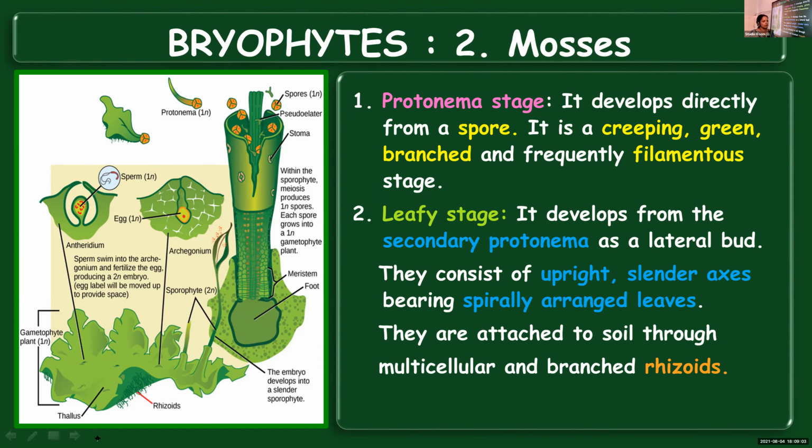And they are erect, upright structures, and they are attached to the substratum. Whether it is a rock or soil, the attachment is with the help of certain filamentous structures which perform the function of roots, and you call them rhizoids.